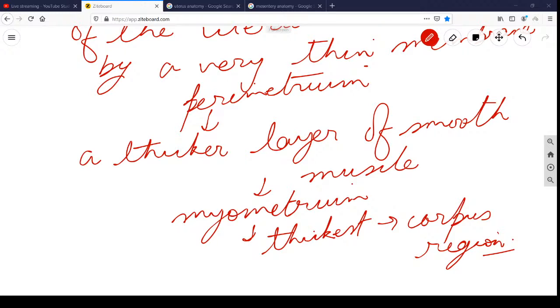Next is the myometrium. Why does it contain muscle and why is it thick? Because it is capable of very strong contractions, and those contractions are induced by both the placenta and the baby during the parturition reflex, labor pain, via the oxytocin neurophysin axis, mainly the oxytocin hormone, and relaxin will also widen the pelvic bone.